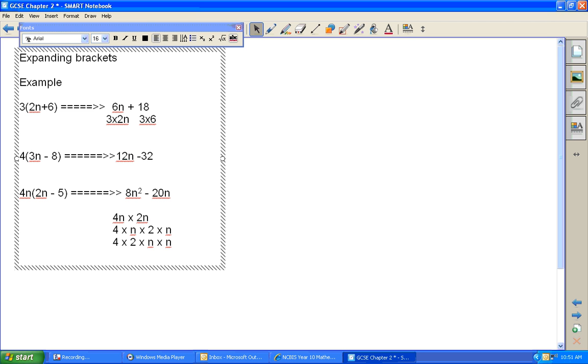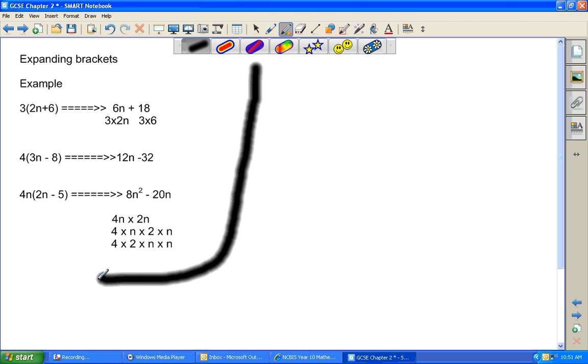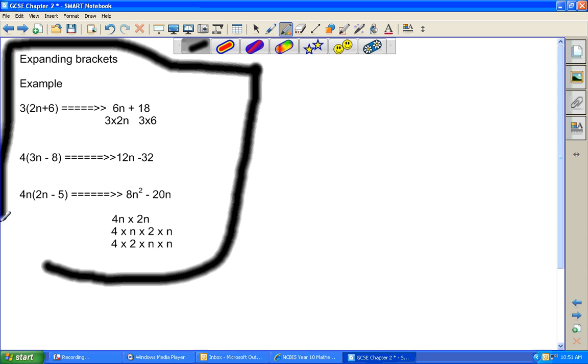Hopefully that's okay. Draw a little line around there, and that's the work that you need to be able to do.